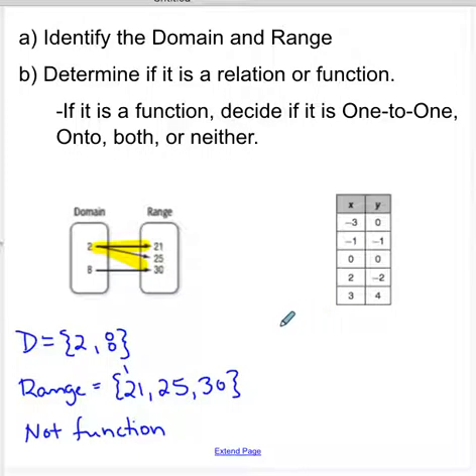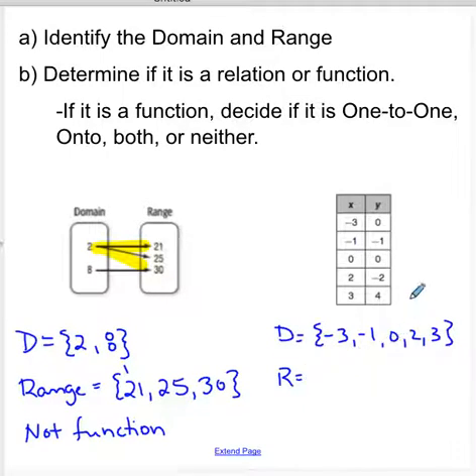So again, the domain here is going to be the list, these discrete values. So -3, -1, 0, 2, and 3. I'm just going to list them. Here I'm sort of happy because they're listed in order from least to greatest, so I'm just going to keep them in that order.